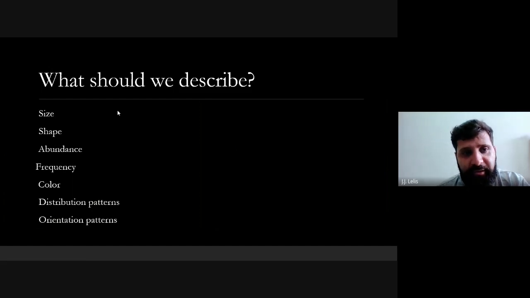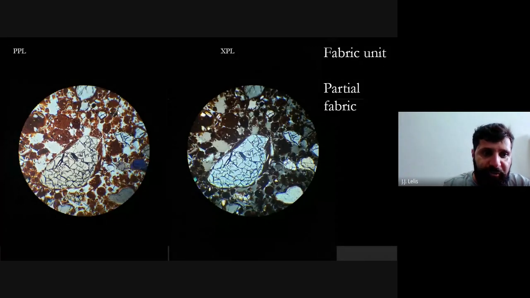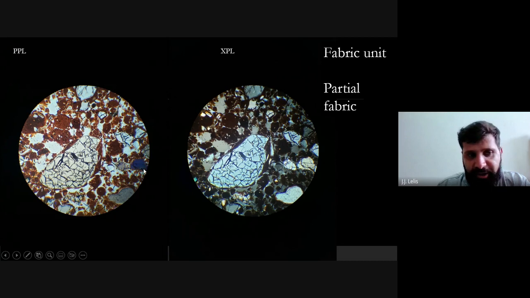And to describe this distribution and orientation pattern, we need to define two concepts: the fabric unit and the partial fabric. The fabric unit is that body that we can see in the thin section.